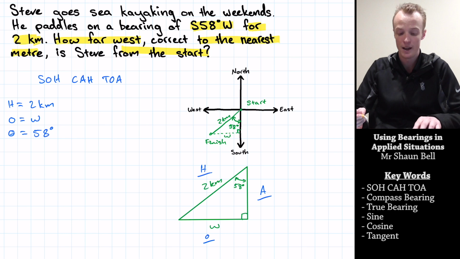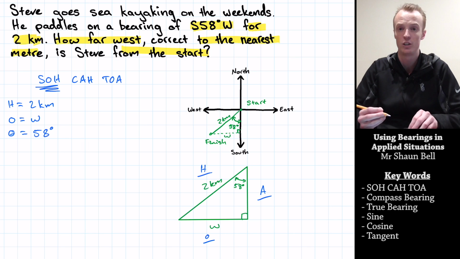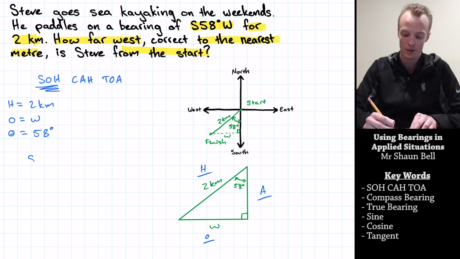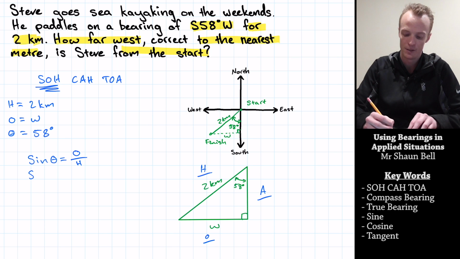Now which one of these three have both the O and the H? It's only SOH, or the sine ratio. So the sine ratio says that sine theta is equal to the opposite over the hypotenuse. So now let's substitute our values. So that means sine of 58 degrees is equal to the opposite of W over the hypotenuse of 2.